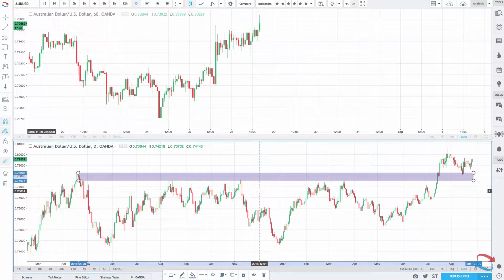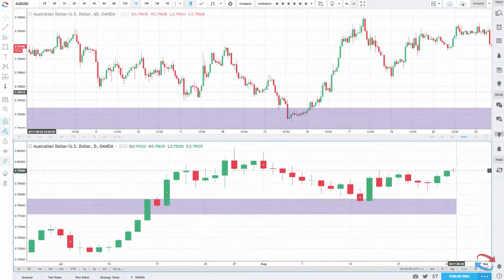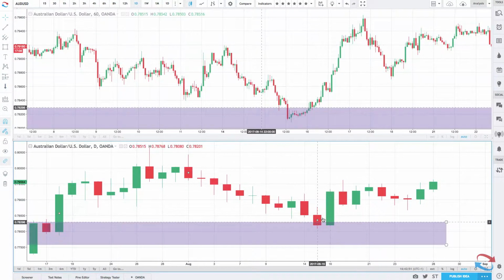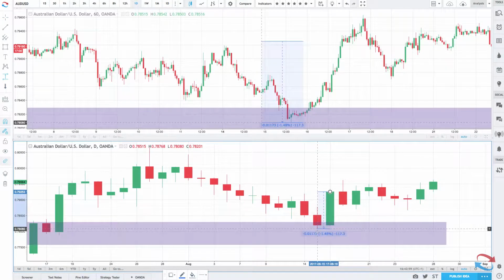So what traders will do is they will look at this area of support and resistance on the daily and see if they can get in around here, for example, on the lower time frame. So rather than risking, let's say for example that was a bullish engulfing candlestick pattern, and if you want to know why that's an engulfing pattern and why traders do buy, then you can watch the video on candlestick formations, which we have on the website.